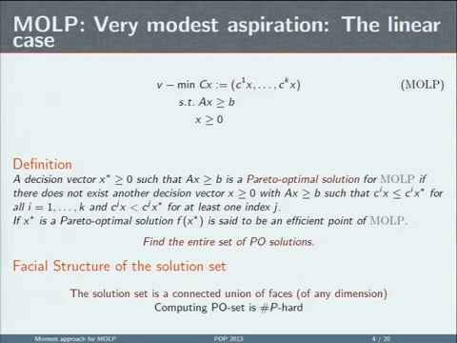Of course, this must be connected, but not necessarily convex. You may have faces of any dimension, from a point to a complete facet. And it is also known that obtaining a representation of this set is sharply hard.